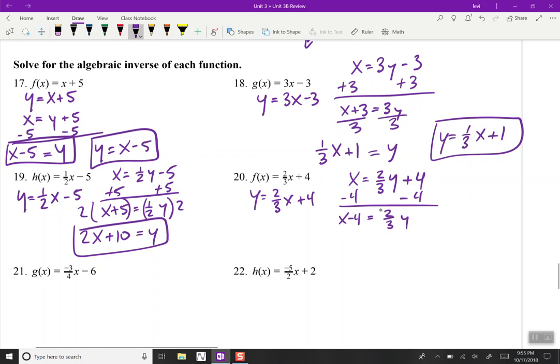What's going to undo that? Multiplying by the reciprocal, by 3/2, and so we get y equals 3/2 x minus, and 2 and 4, right? So that's a 2, that's a -2, -2 times 3 makes -6. So y equals 3/2 x minus 6.